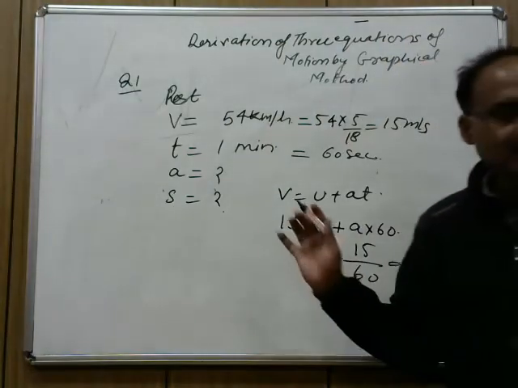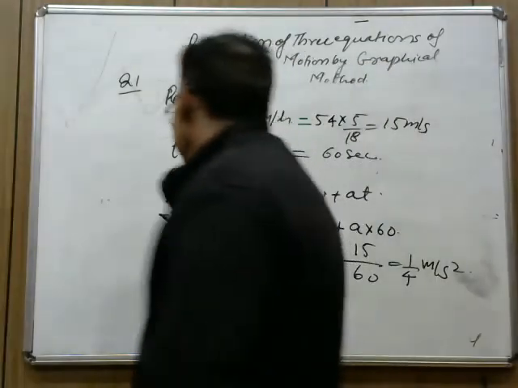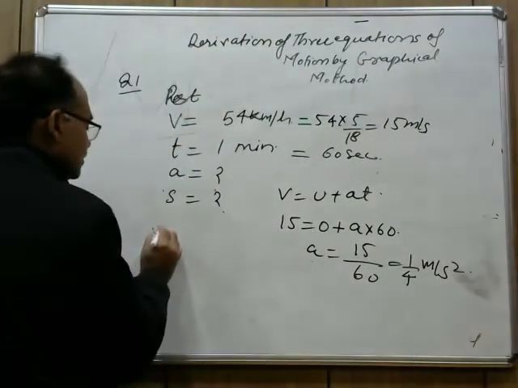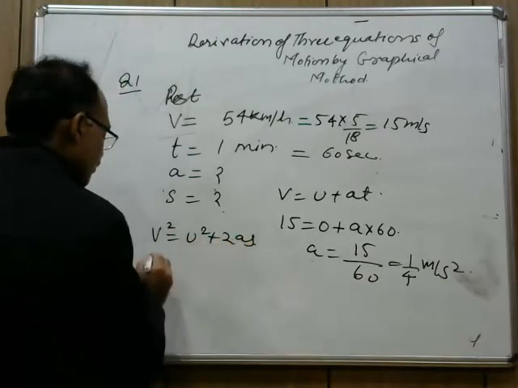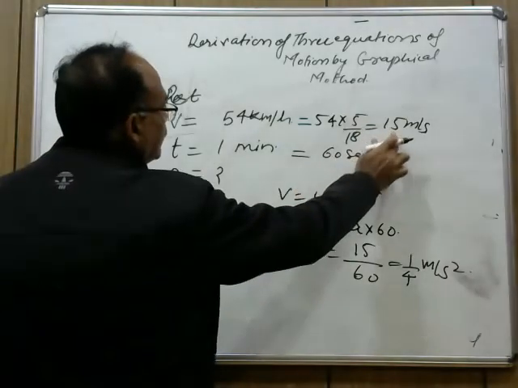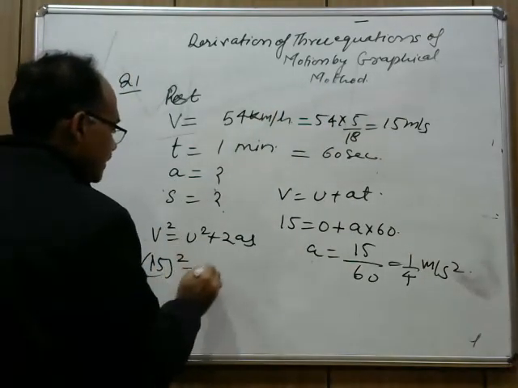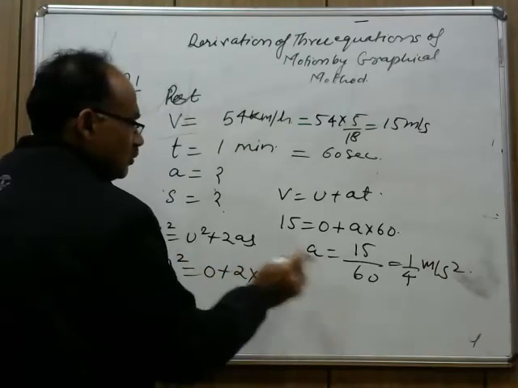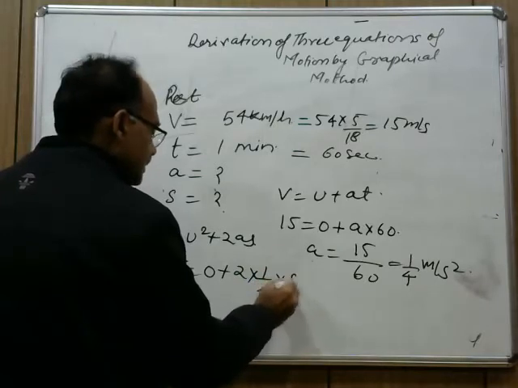Now once you have calculated the acceleration, you can find the displacement by using the third equation of motion, that is v square is equal to u square plus 2as. So v is 15, 15 square is equal to 0 plus 2 into acceleration, 1 by 4, into s.